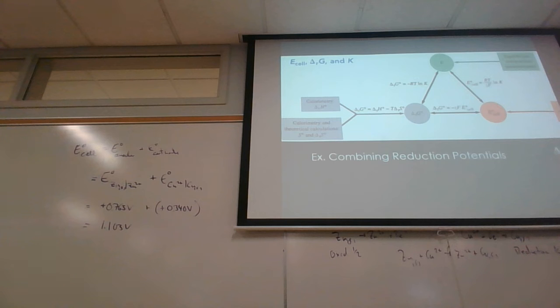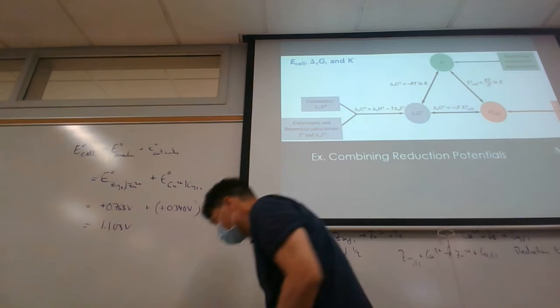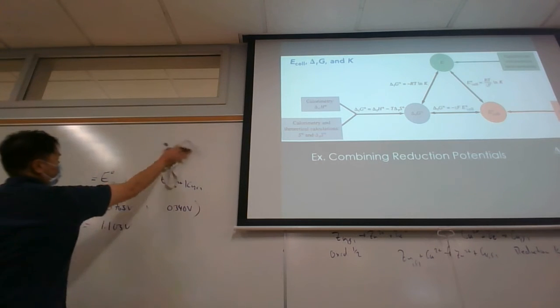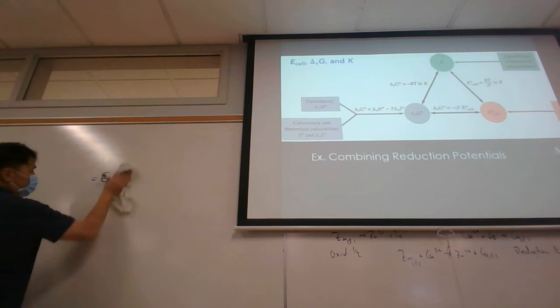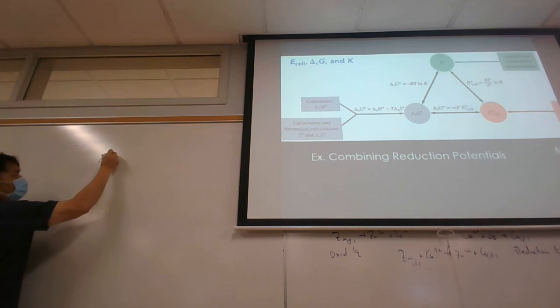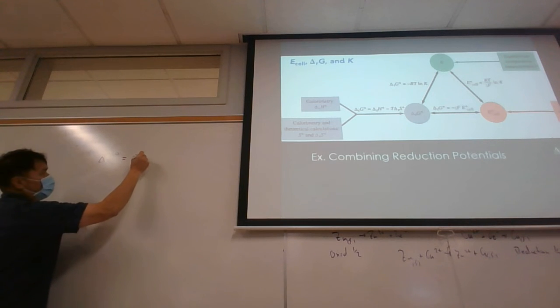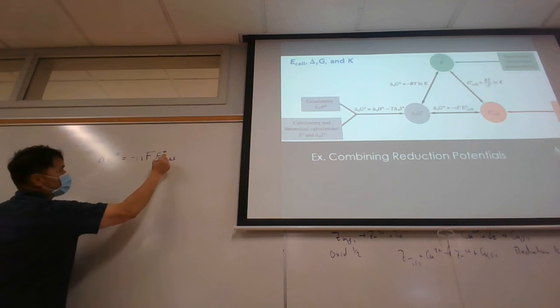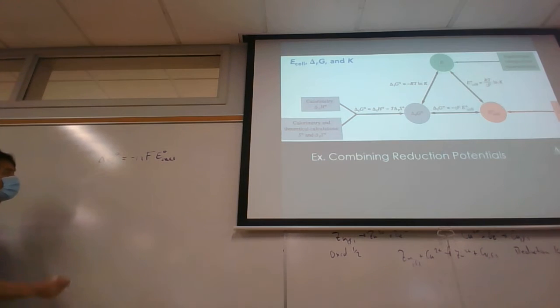Standard cell potential is related to the driving force. The higher the voltage, the greater the driving force there is. And the relationship to the driving force, delta G, is pretty straightforward. Delta G under standard conditions is equal to minus NFE under standard conditions. And this is the cell potential under standard conditions.